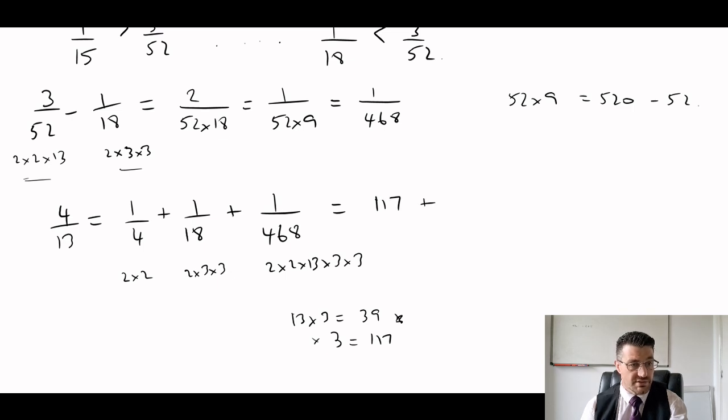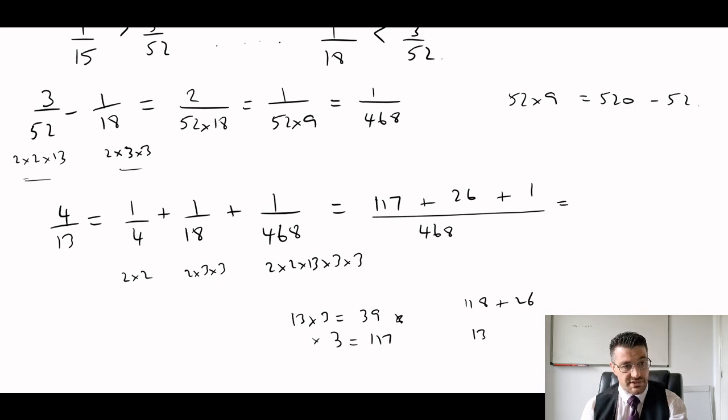117 plus 2 times 3 multiplied by 26 plus 2 plus 1 over 468. 118 plus 26, 130, 144. Which is 72 over 234. 36 over 117.